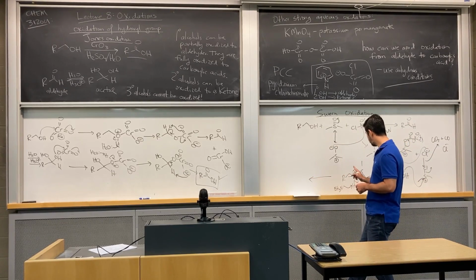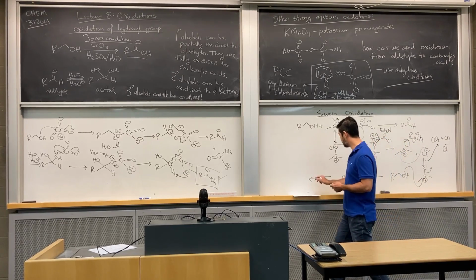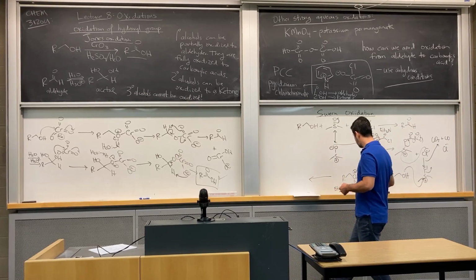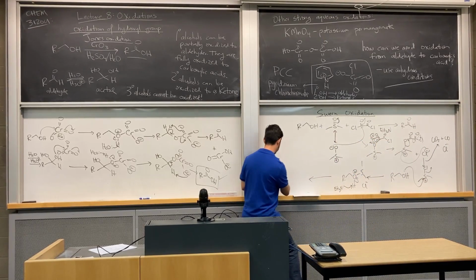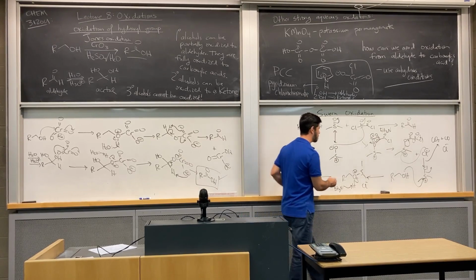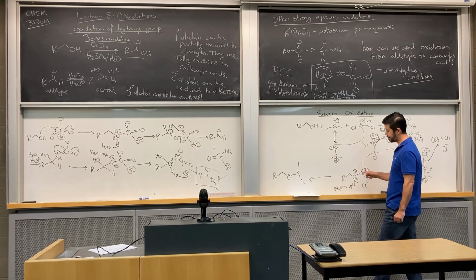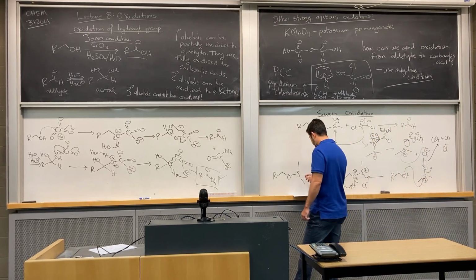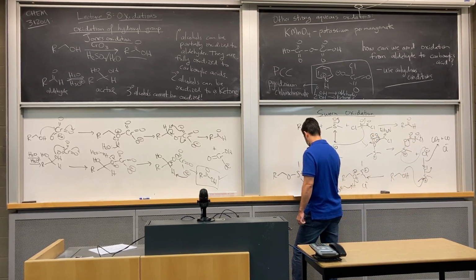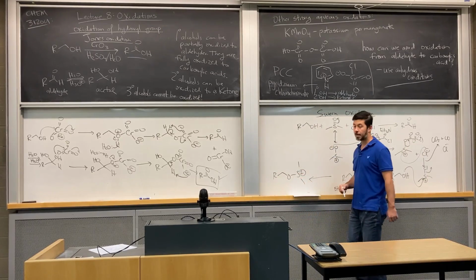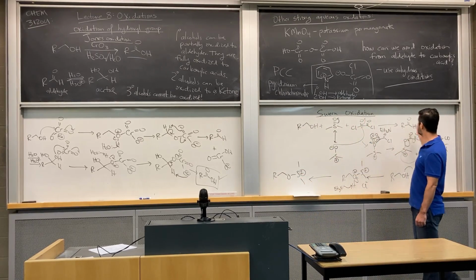Okay, when that happens, we're doing just simple deprotonation, and we're going to generate this. Don't forget the positive charge is still on the sulfur, has 3 bonds here. Okay, and remember we need to go to an aldehyde.